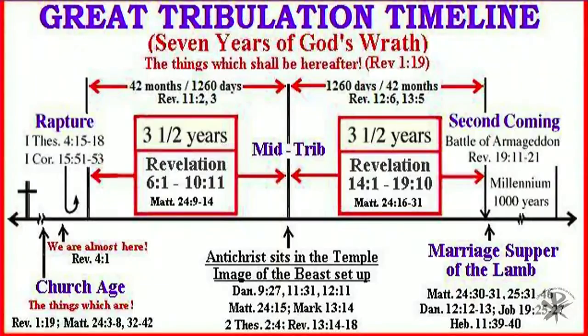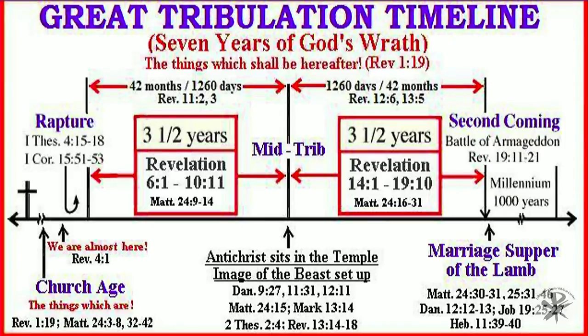We know that the seventh scroll judgment will occur right at mid-tribulation. The trumpet judgments will begin with the seventh seal judgment. The first trumpet judgment is actually a part of the seventh seal judgment.